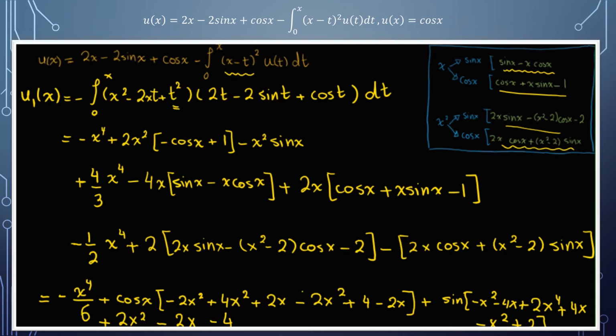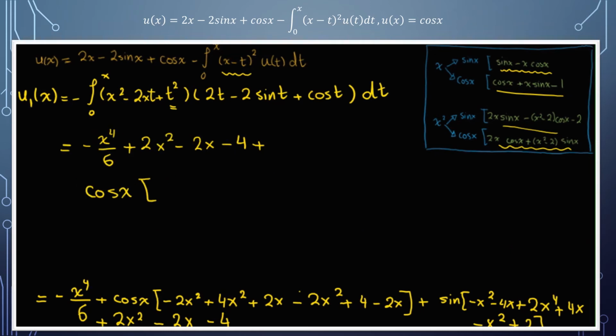Okay, now we will do some simplifications. Let me clean the part and come back again for you. The coefficient of cosine x, we have minus 2x squared, and we have 4x squared and minus 2x squared. So this will go together, and we have 2x and minus 2x.